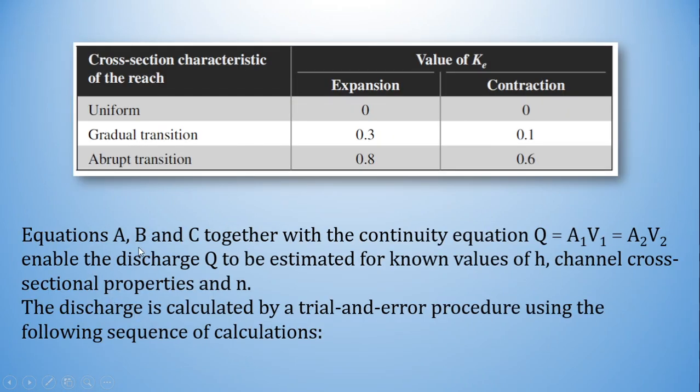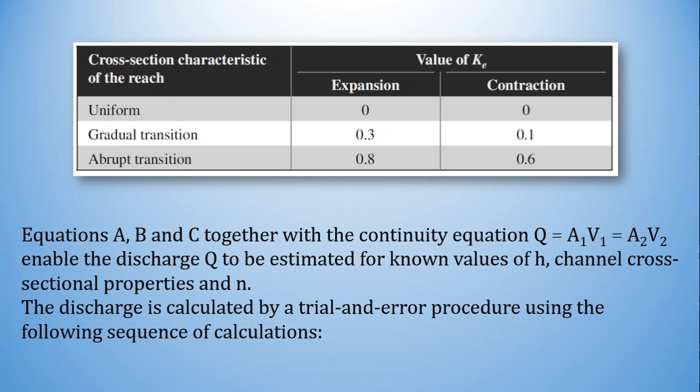So equations A, B and C together, with the continuity equation Q equal to A1 V1 equal to A2 V2, enable the discharge Q to be estimated for known values of H, channel cross-sectional properties and N. That means if you know the value of H, and the channel cross-sectional properties like area, wetted perimeter and Manning's constant, you can find the discharge by using the earlier equations A, B and C.